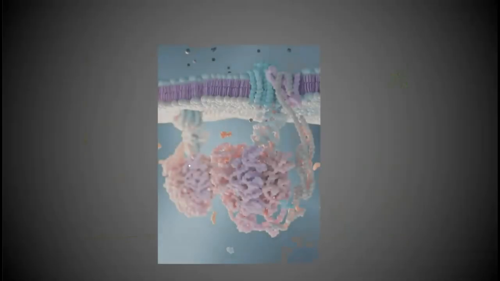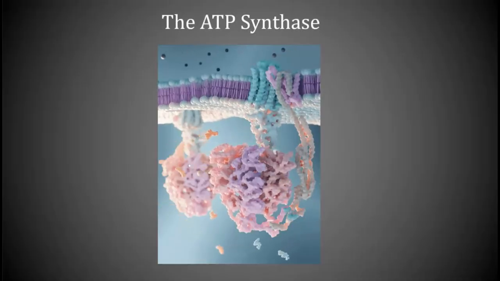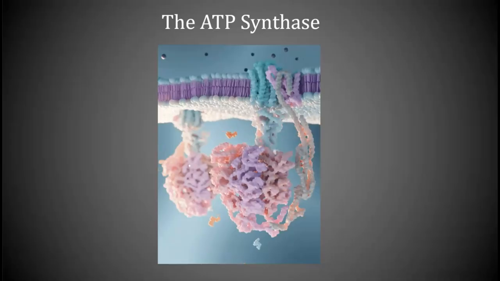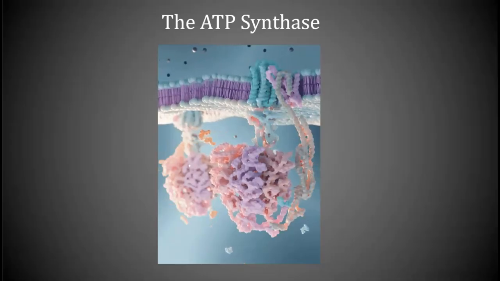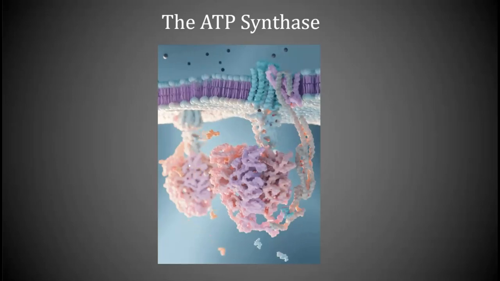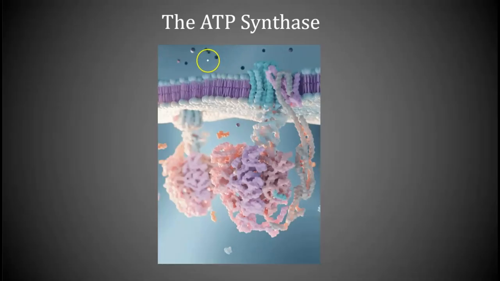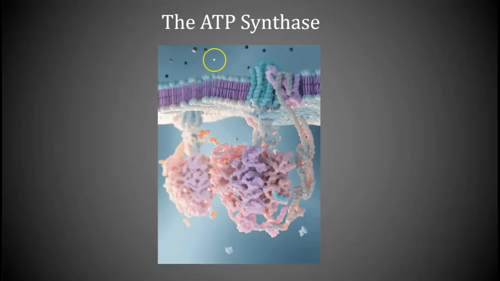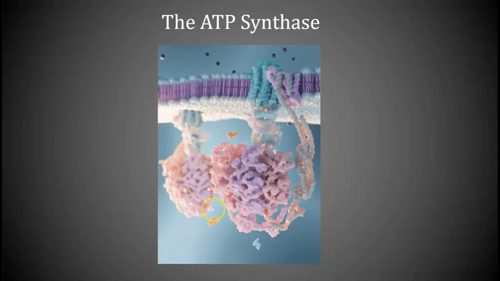So take a look at this. This is an illustration here of what's known as the ATP synthase. These are proteins in your cells that, as the name suggests, make ATP. What you should notice about an ATP synthase is that there is an accumulation of a particle on one side of it and not so much on the other side.